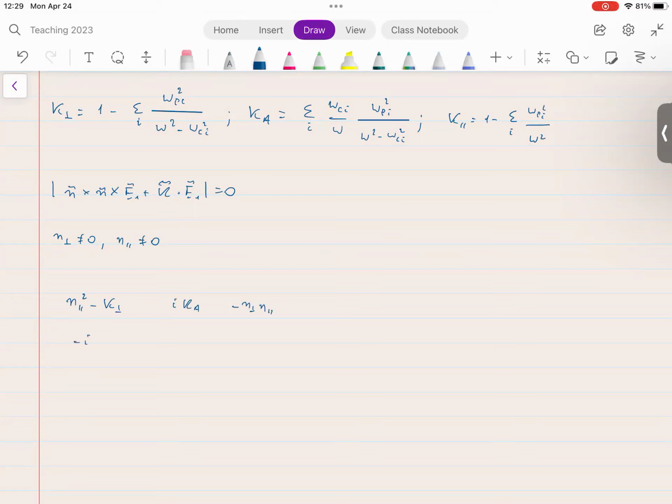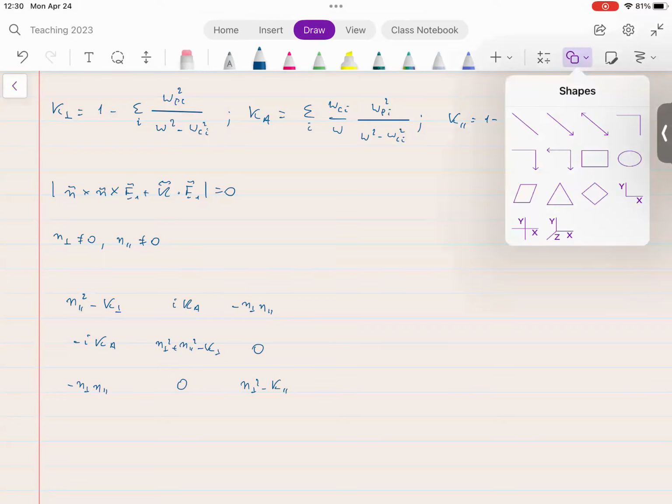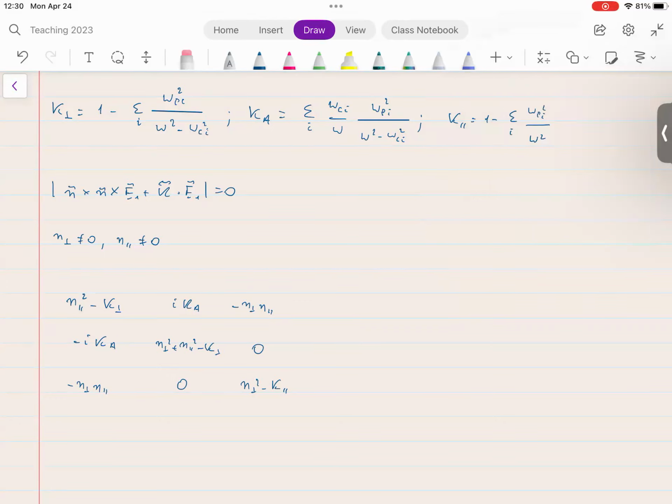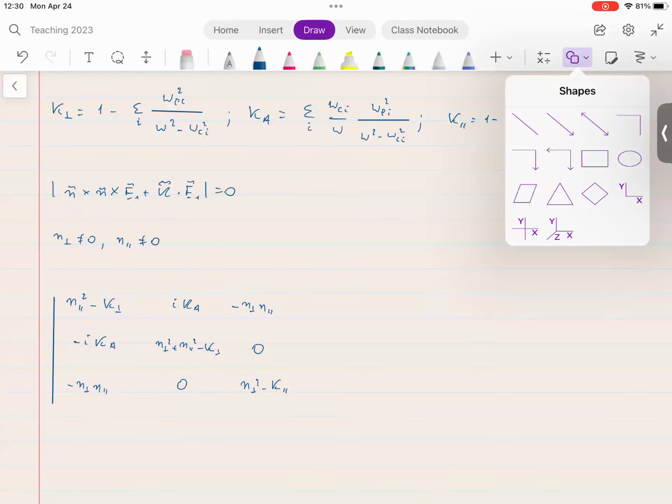Then minus i k sub a, n perp square plus n parallel square minus k perp, 0, n perp square minus k parallel, 0, and symmetrical n perp n parallel. And I take the determinant of this thing, and these are really set equal to 0.